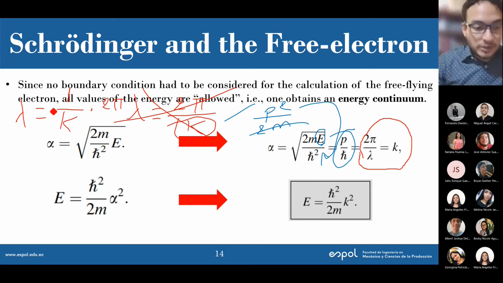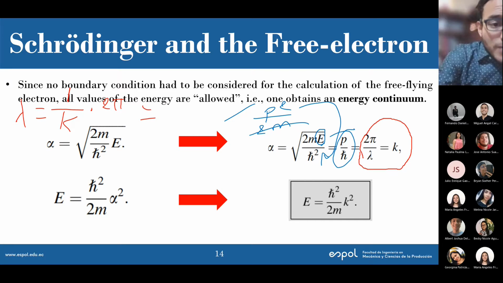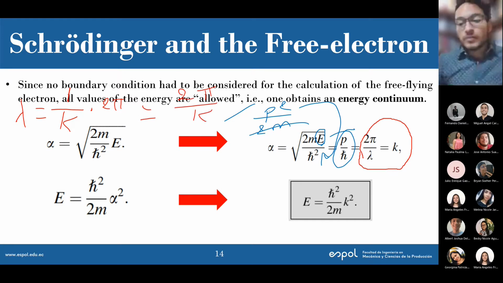So that's going to be easier to understand. Let me delete this now. And therefore the wavelength is equal to 2 pi over the wave number, or over k.